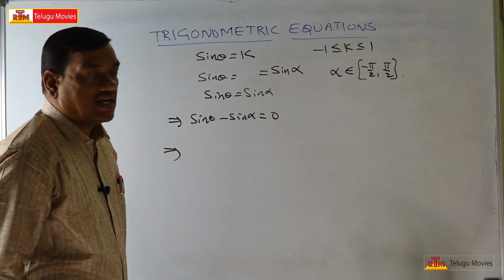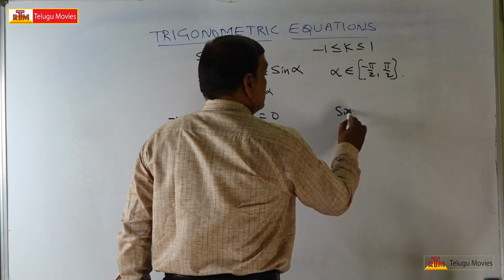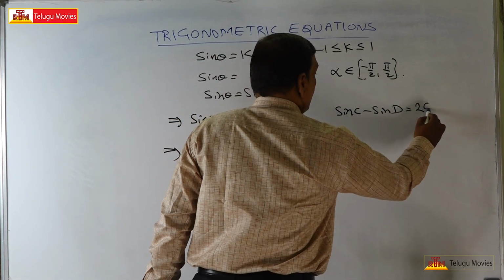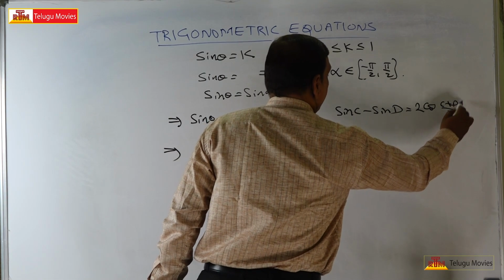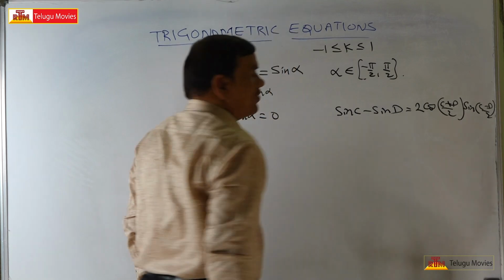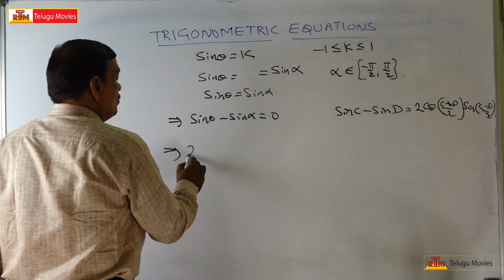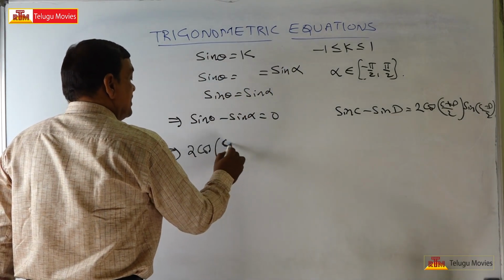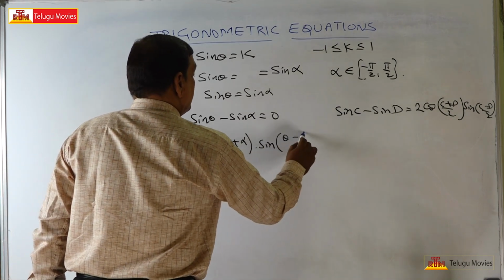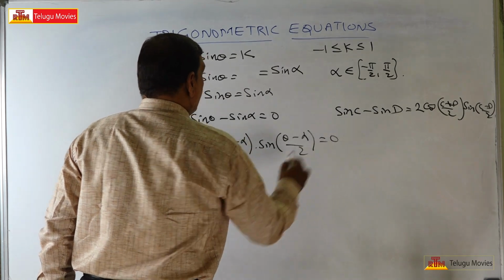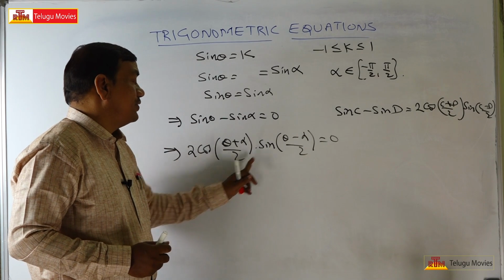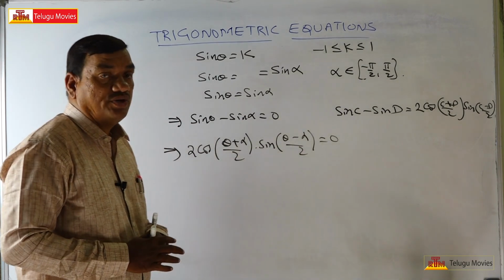You know the formula of sin C minus sin D. This gives 2 cos C plus D by 2 into sin C minus D by 2. So here 2 cos theta plus alpha by 2 into sin theta minus alpha by 2 is equal to 0.